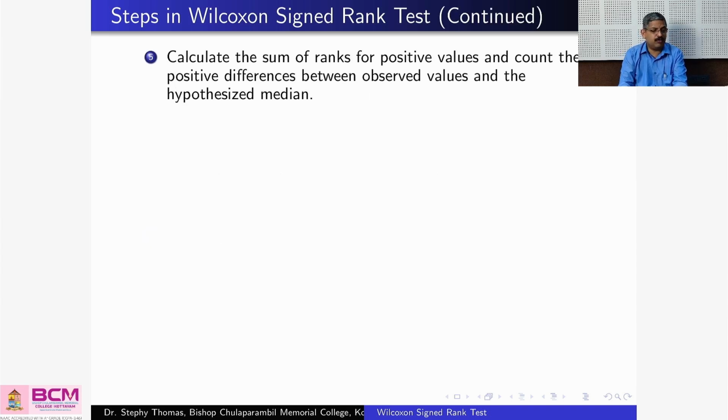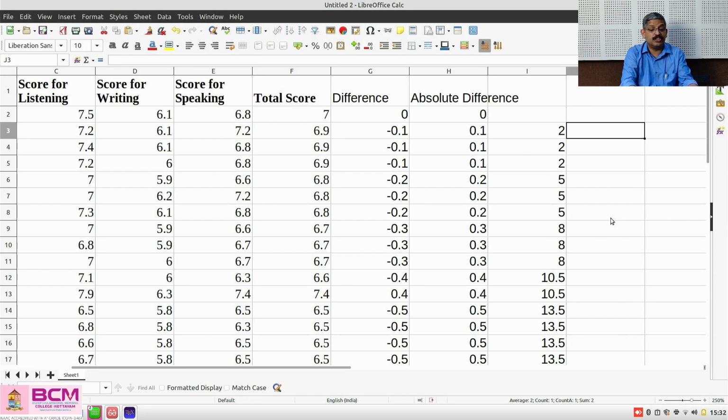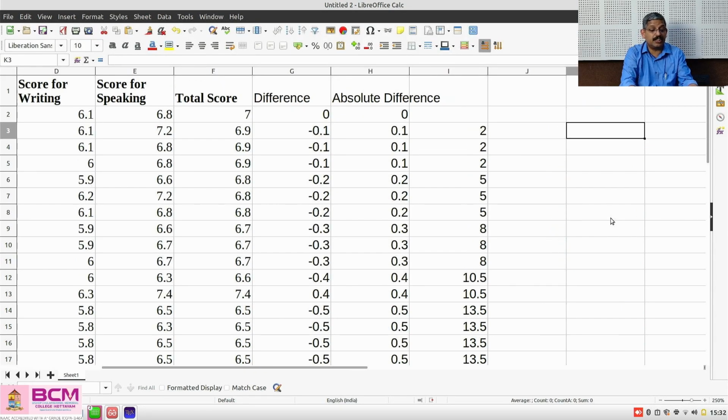Now, as step 5, we will compute the sum of the ranks of positive values and count the positive differences, that is, count the number of cases where a positive difference is observed from the hypothesized median. To find the ranks of positive differences, I am marking here the positive rank sum.